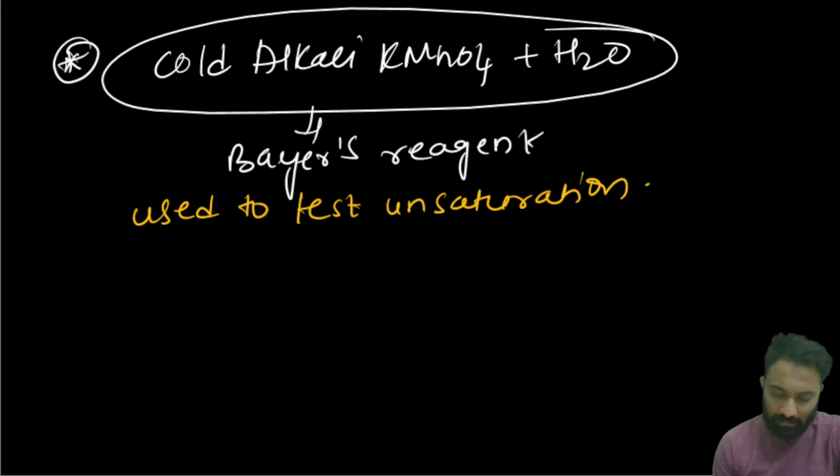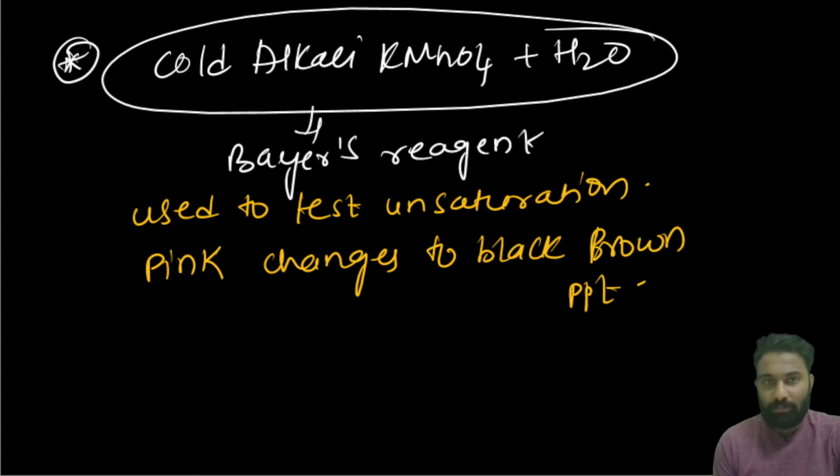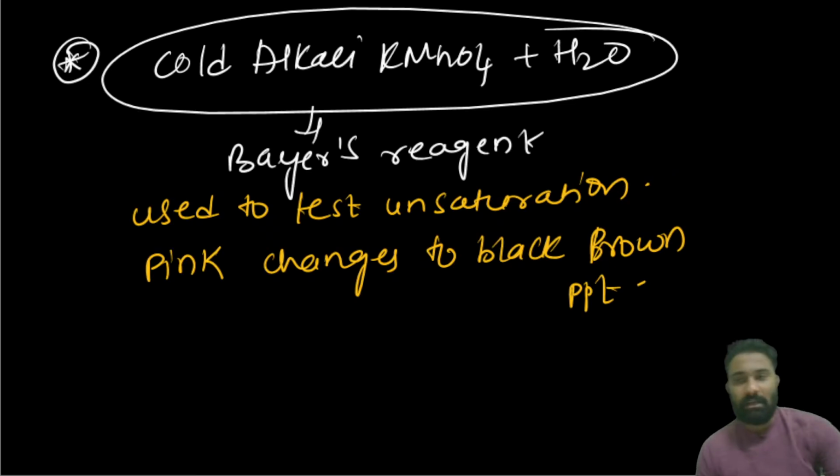Now the pink color of the KMnO4 will change to black brown PPT. Black brown PPT. This is the first reagent we will take, and this will give you the vicinal diols. Good. For the alkenes it will give you the vicinal diols.